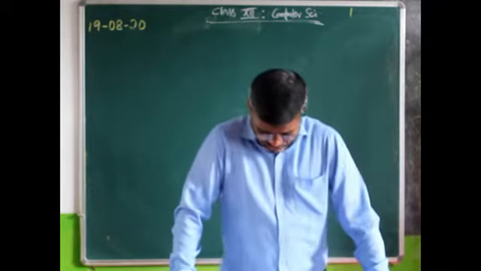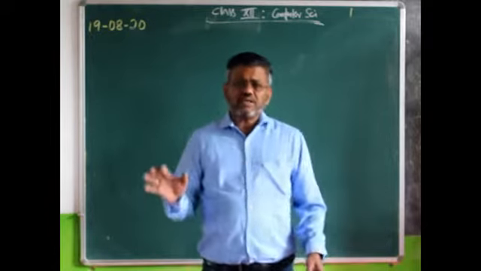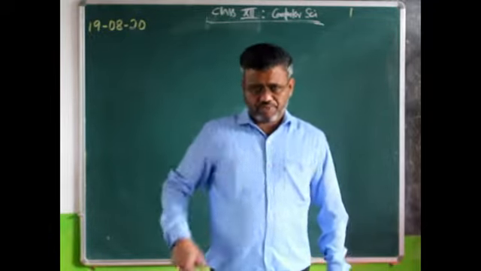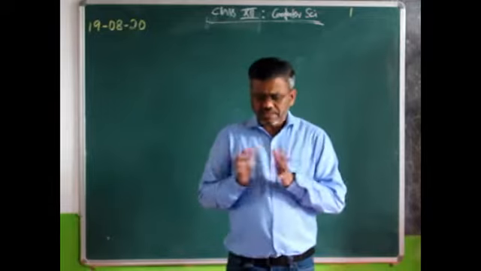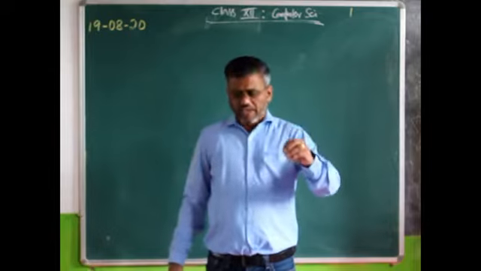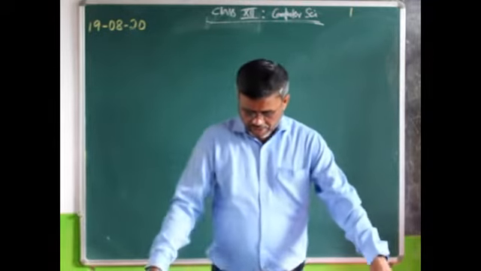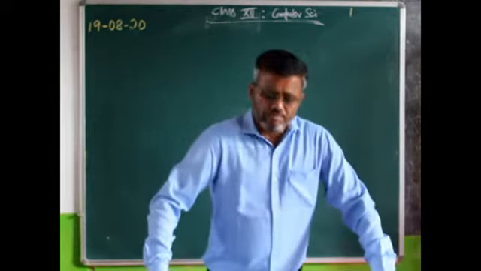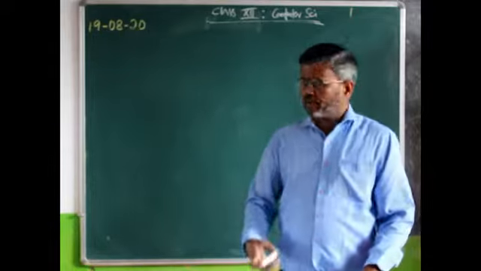What I want to tell you is this. What is our advantage? What is an array? An array is a collection of variables of the same data type referenced by a common name. I'll give an example.